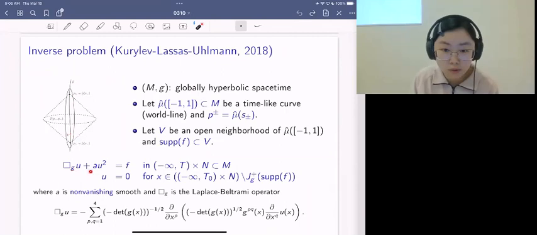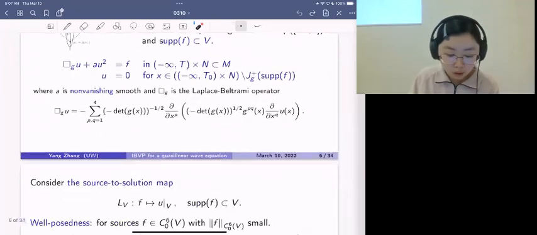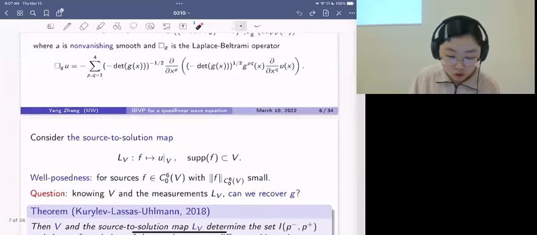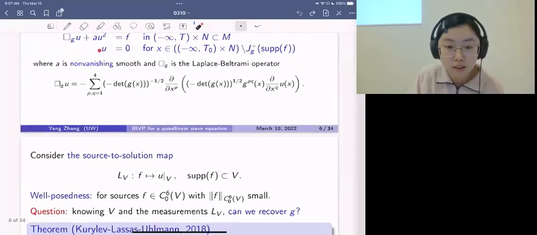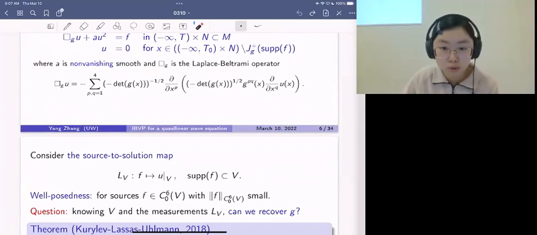Let u solve the nonlinear wave equation. So we have the Laplace-Beltrami operator applied to u plus a u squared equals the source. Before we have the source, u equals 0. Here a is a smooth function which is non-vanishing. For each small source f in W, this nonlinear equation is well posed.